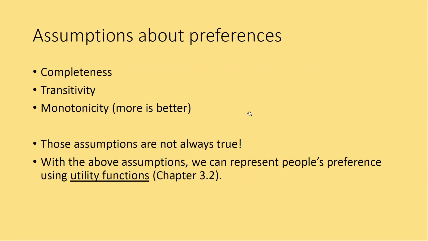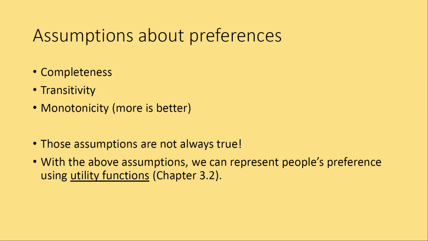We are going to make the following three assumptions about preferences. The first one is completeness, the second one is transitivity, and the third one is monotonicity, which is intuitively known as more is better. We want to note that those assumptions are not always true, and I'm going to show you some examples when those assumptions do not hold.